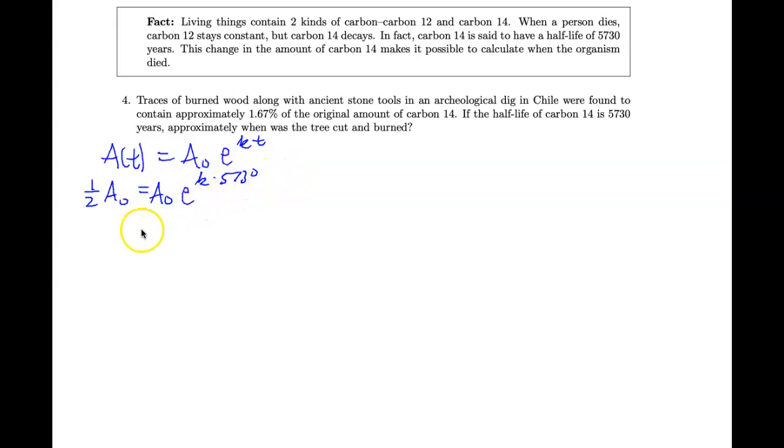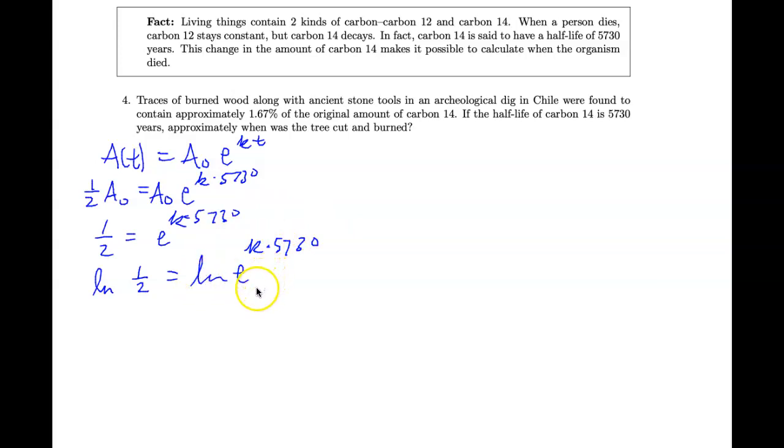Solving for k, we divide both sides by A0, so we're left with 1/2 equals e to the k times 5,730. We'll natural log both sides. The k times 5,730 comes down as a factor. Natural log of e is 1, and so we can then divide both sides by 5,730.